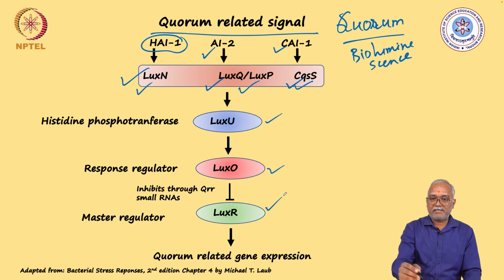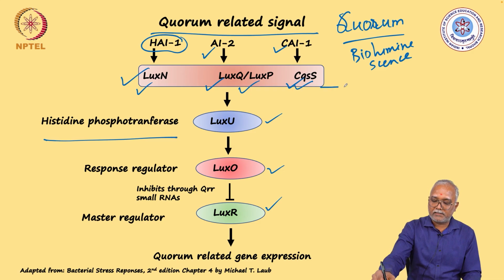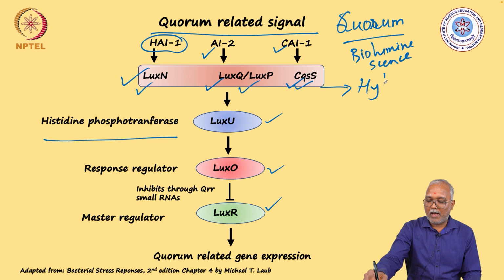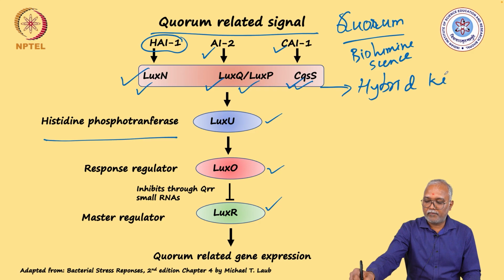What you notice here is that the very first thing coming after the receptor is the histidine phosphotransferase, which tells us that it is a hybrid kind of receptor.